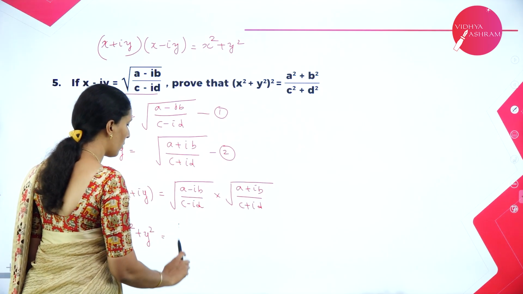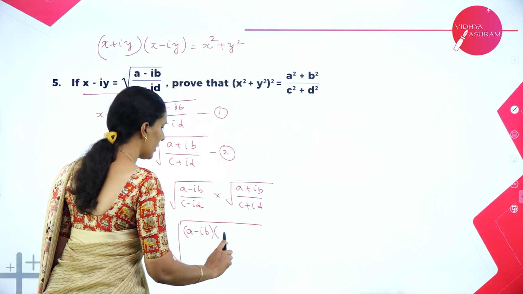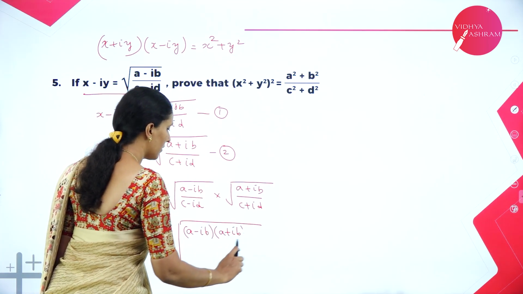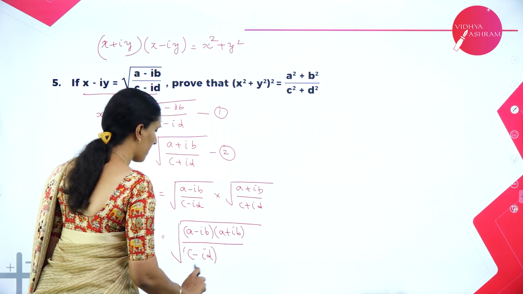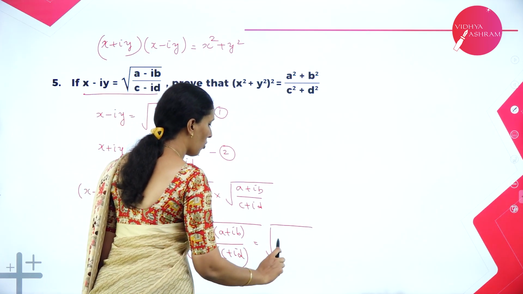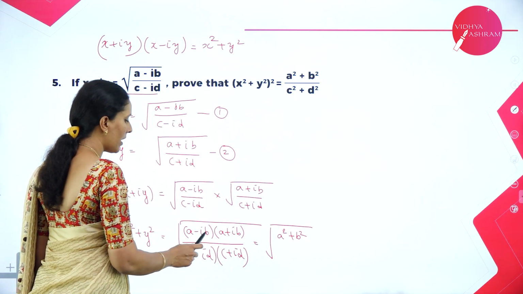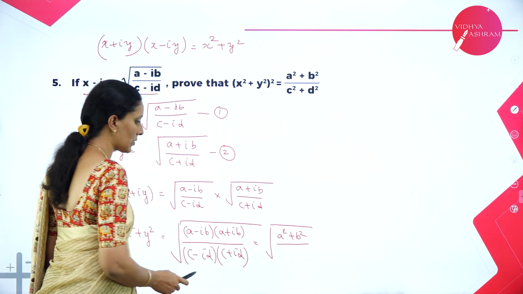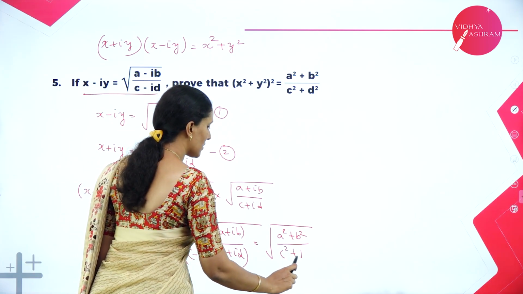Here you have square root, so it's a common root, so I can write it as a minus ib into a plus ib divided by c minus id into c plus id. So which is equal to square root of a square plus b square, because it is in the form of a minus ib, a plus ib, hence it is a square plus b square, and the denominator can be written as c square plus d square.